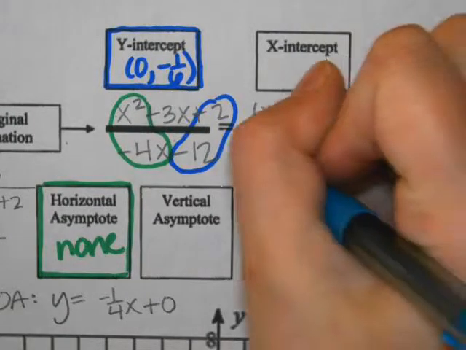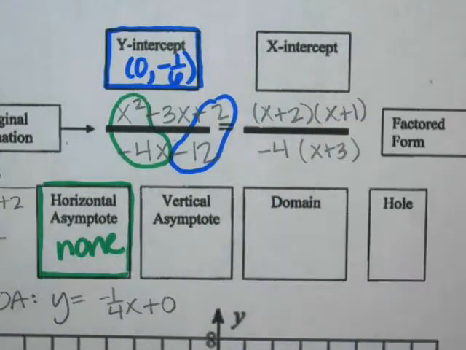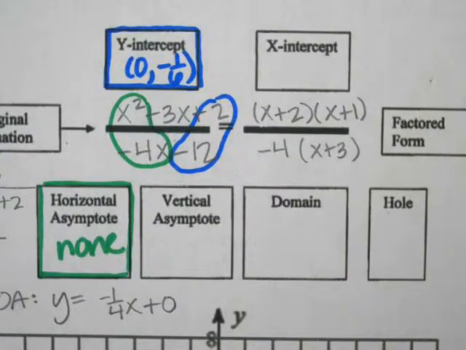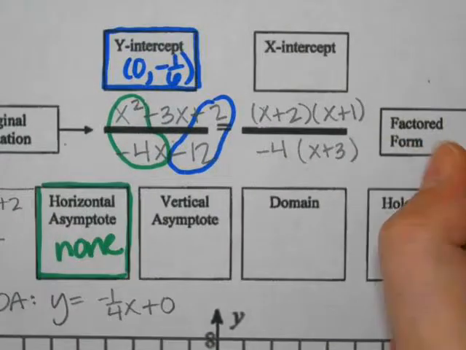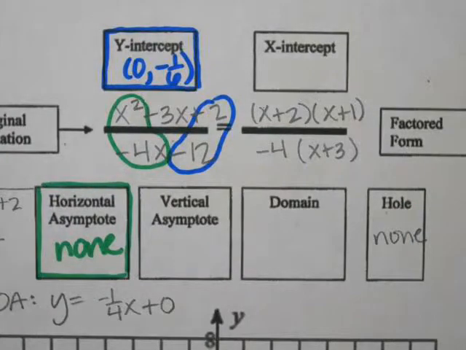Take out a negative 4. And x plus 3 is what you have left. Okay. Are there any holes in the graph? Nope. None, because nothing canceled. Alright, what else do you guys want to find?